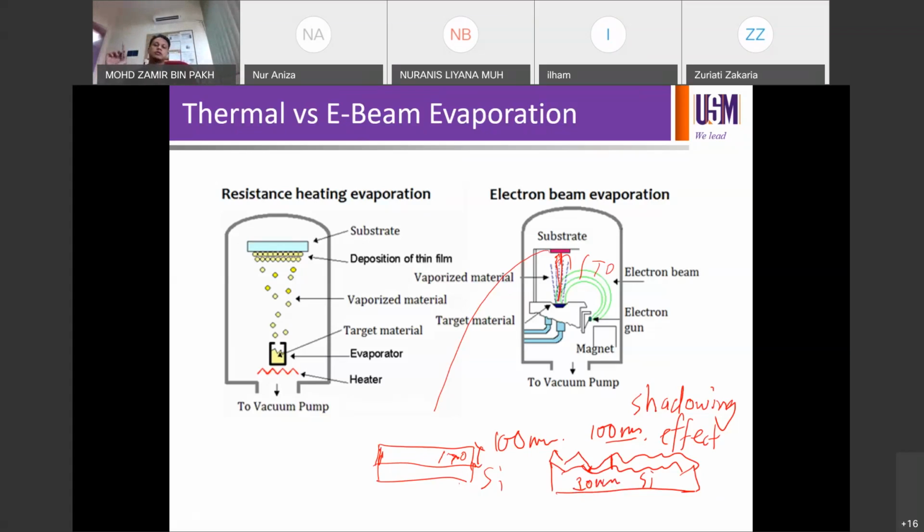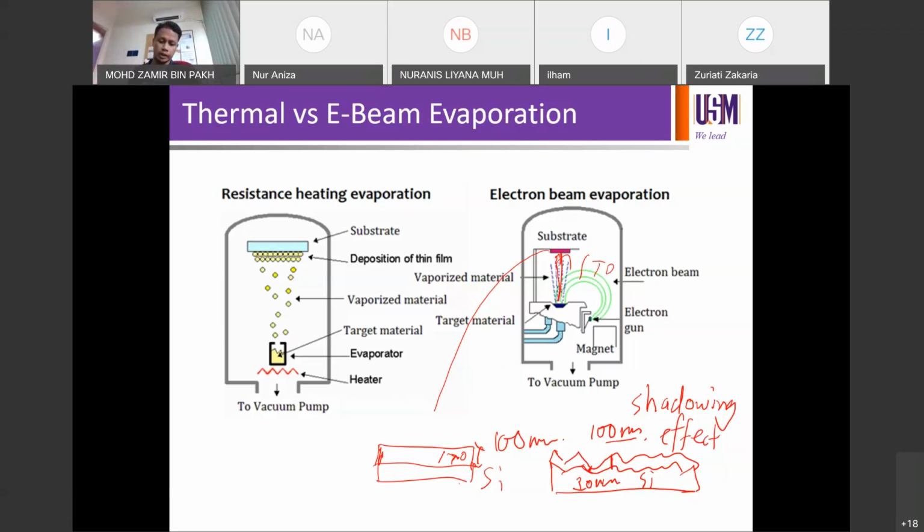So it's way less than the intended thickness, right? Then the properties of your ITO, maybe the transmission, the reflection, the absorption, the sheet resistance, the conductivity, will not be as expected because of the lower thickness caused by the shadowing effect.